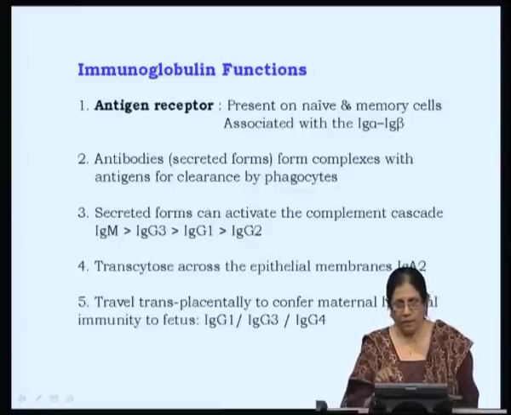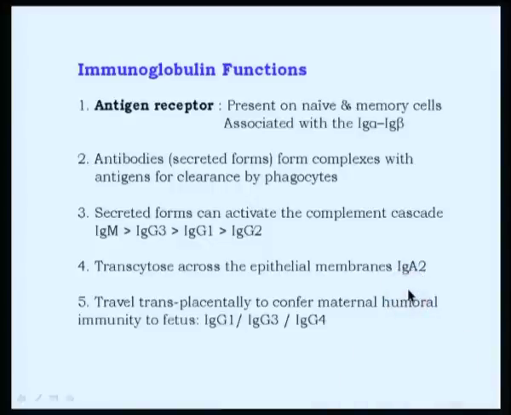IgA2 can confer immunity in the body fluid by transcytosing itself across epithelial membranes. IgG1, 3 and 4 can travel transplacentally to confer maternal immunity to the fetus.